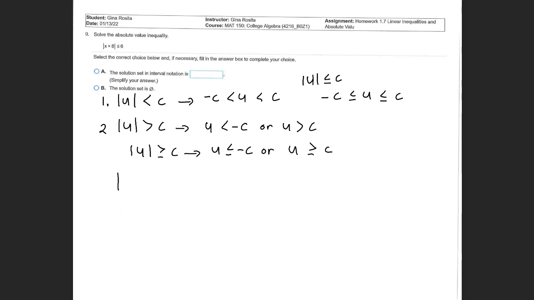Absolute value x plus 8 less than or equal to 6. Remember the formula?